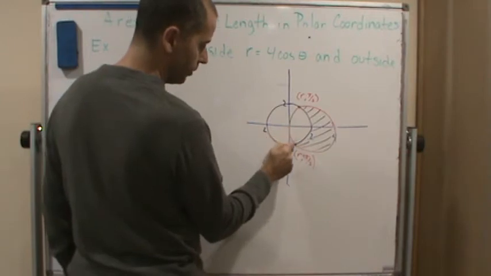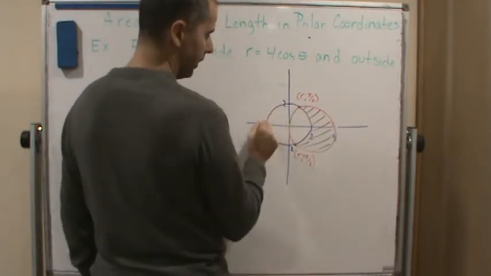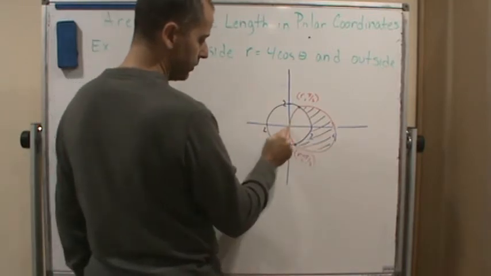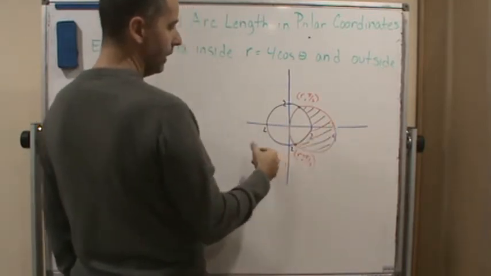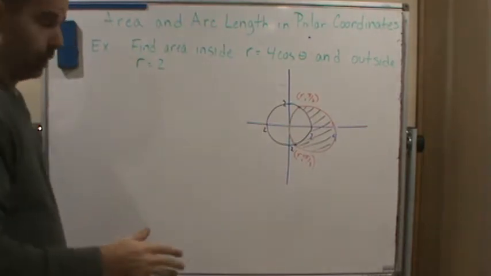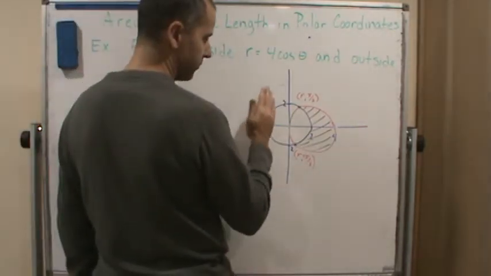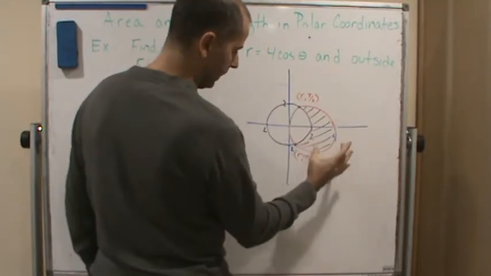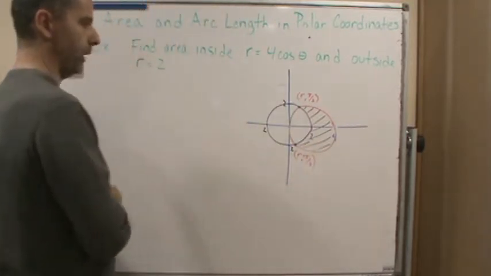Now it's tracing this curve, flipping across from this quadrant down to this quadrant, okay?